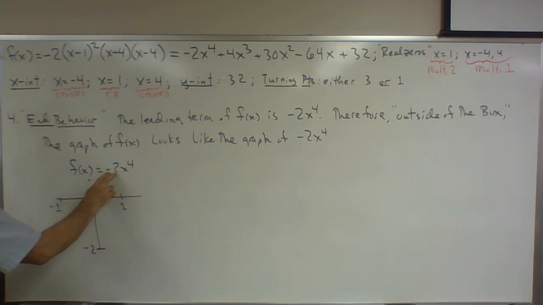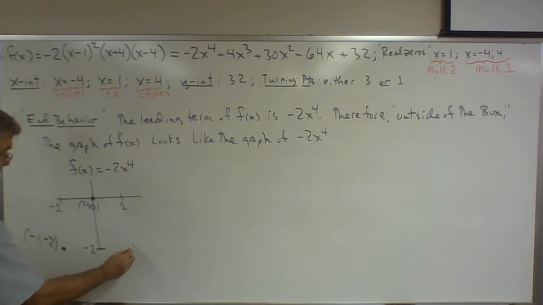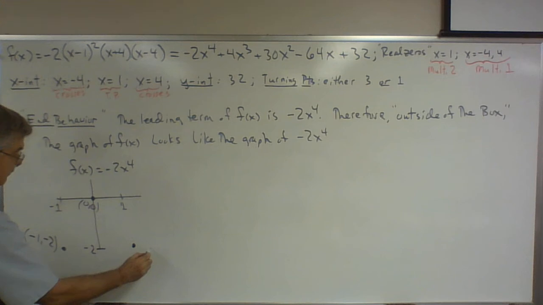Yeah, our leading coefficient is negative. That means the graph is going to open downward. When x is negative 1, f of x is negative 1 to the fourth, which is positive 1, times negative 2 is negative 2. So negative 1, negative 2 is a point on the graph. When x is 0, f of x is 0. When x is 1, f of x is negative 2 times 1 to the fourth, which is negative 2.